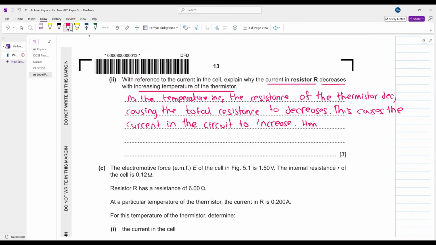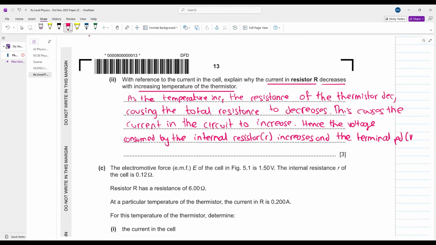Hence, the voltage consumed by the internal resistor, that is small r, increases, and the terminal potential difference, capital V, decreases.